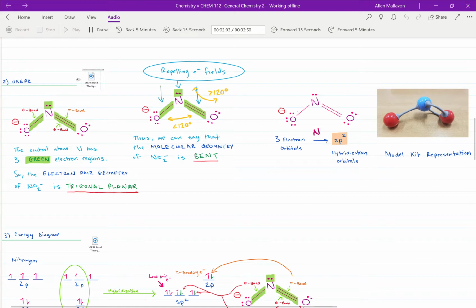I have drawn arrows in blue, identifying the repelling electron fields. So there's one above the nitrogen atom, representing the lone pair, and then there's one for the nitrogen-oxygen bond on the left-hand side, and another for the double bond region on the right-hand side between nitrogen and oxygen.